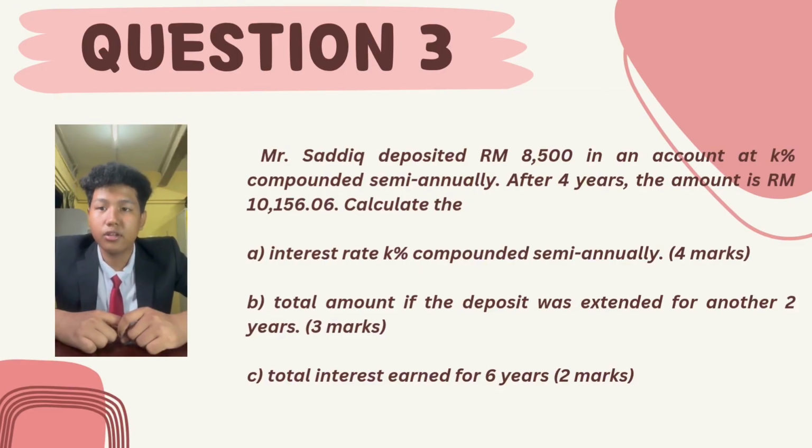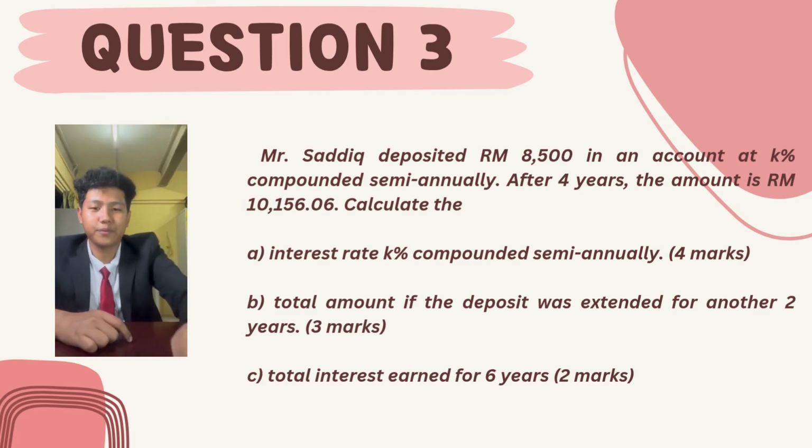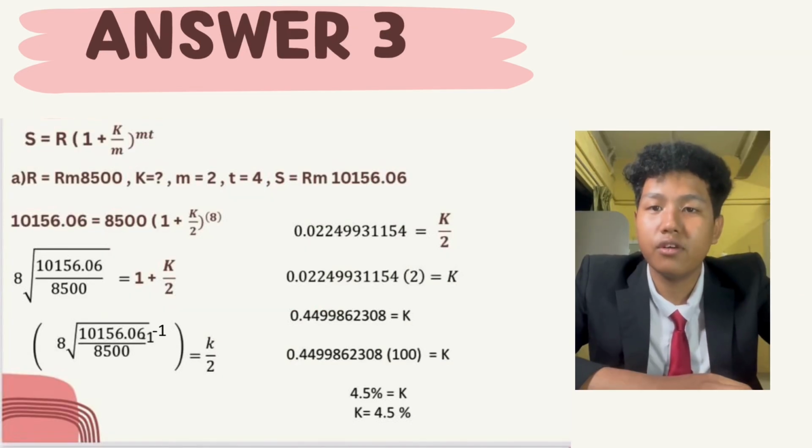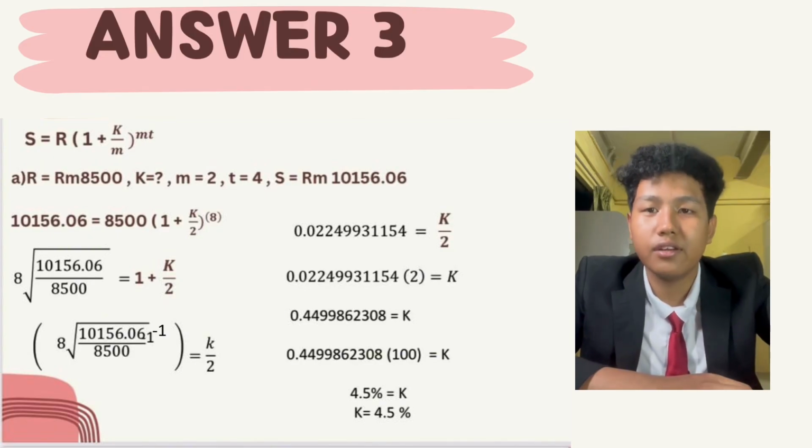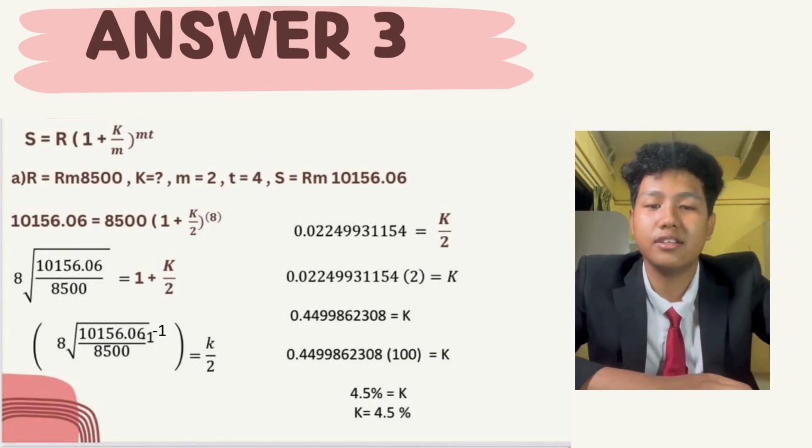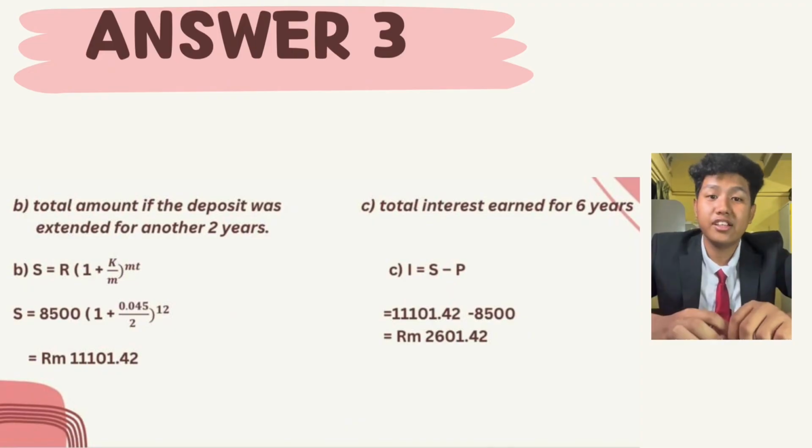B, total amount if the deposit was extended for another 2 years. C, total interest earned for 6 years. And then 4.5% per annum. And then the final answer we get is 4.5%.